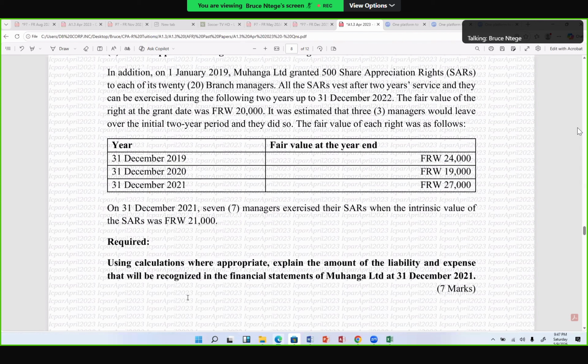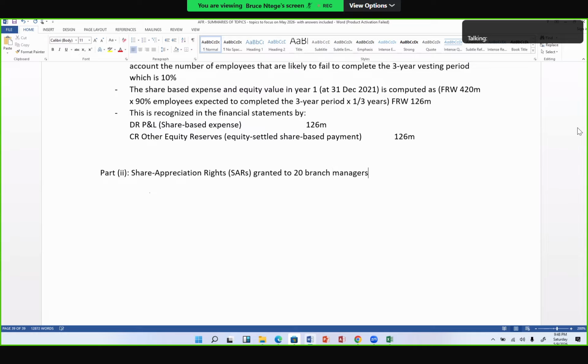Those are the ones in the contract that first received. Again, I'll tell the examiner that this is a cash settled share-based payment transaction.